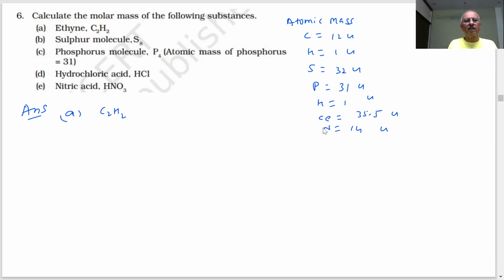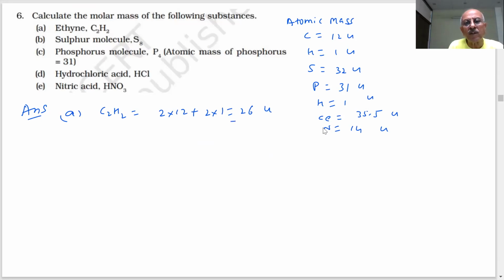How will we calculate? Carbon is 2, and hydrogen 2 into 1. So 24 plus 2, how much? 26 u. This is the mass of one molecule.